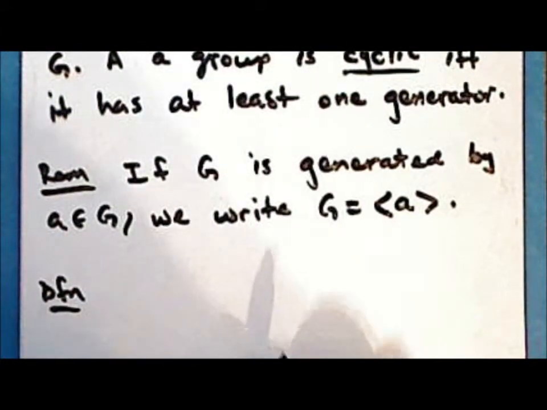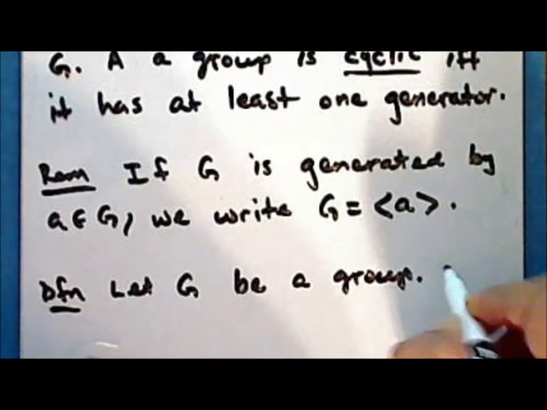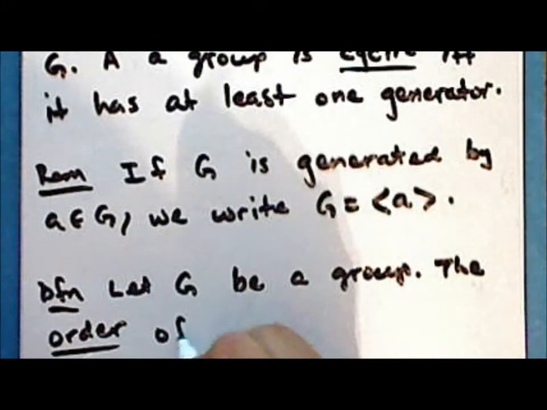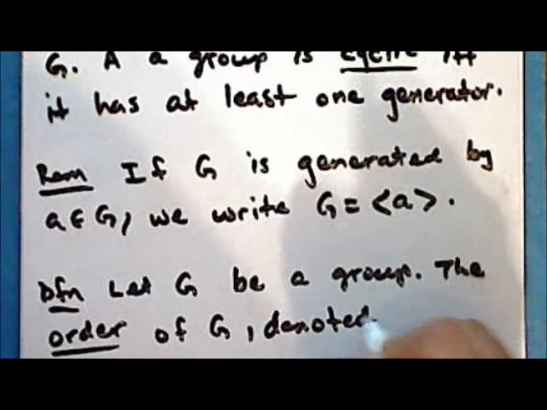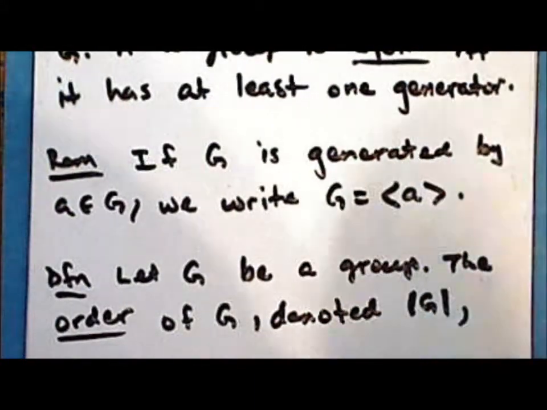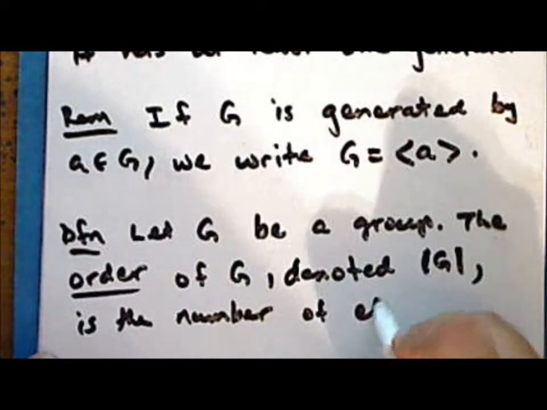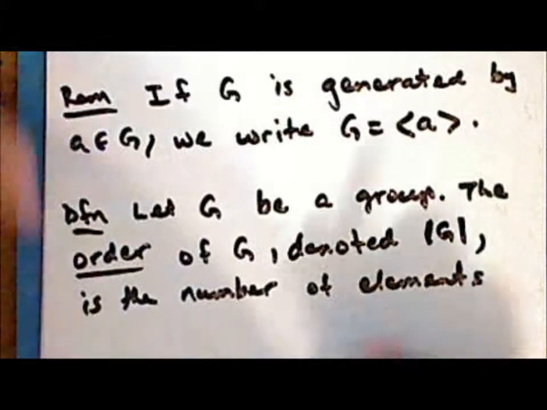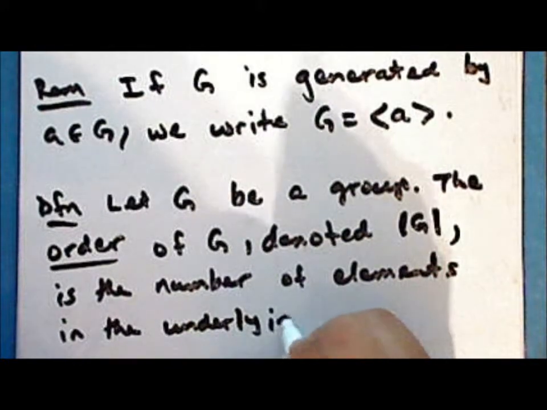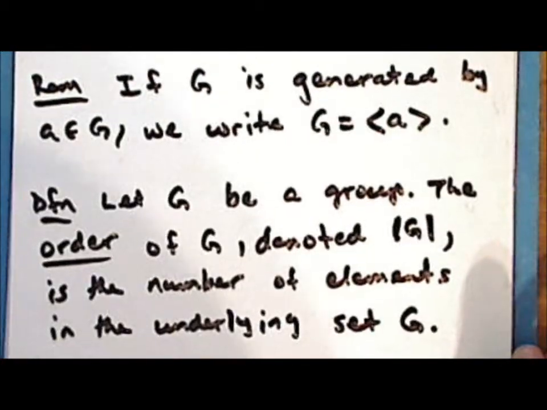So new definition. Let G be a group. The order of the group, which is denoted by enclosing the symbol for the group in absolute value signs, is the number of elements in the underlying set G. That is, the order of a group is the cardinality of the underlying set.